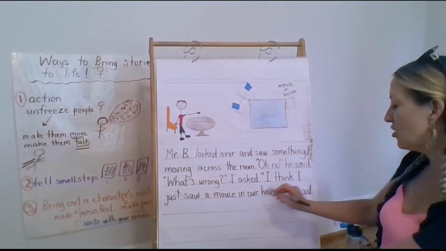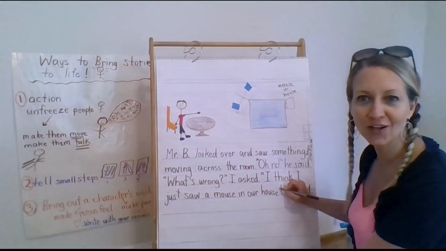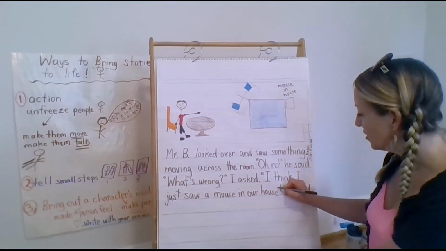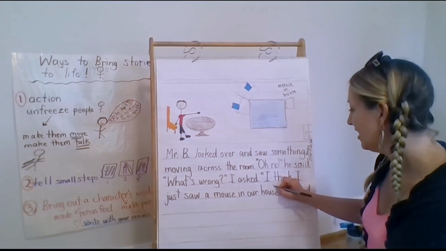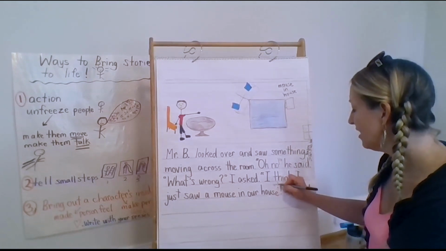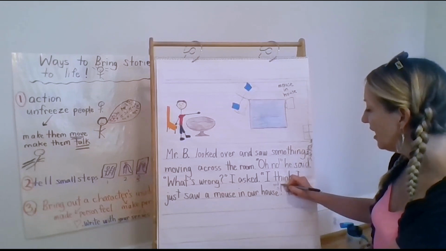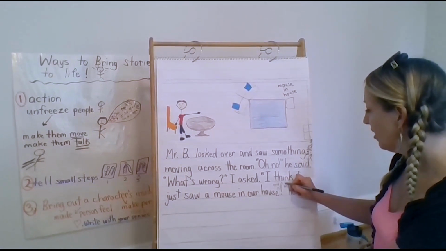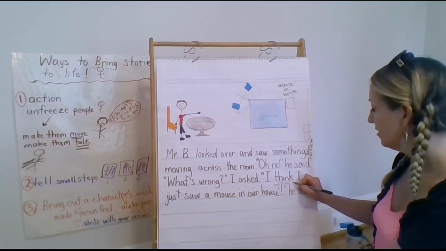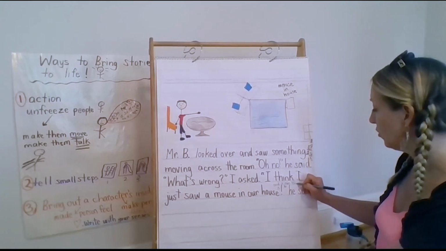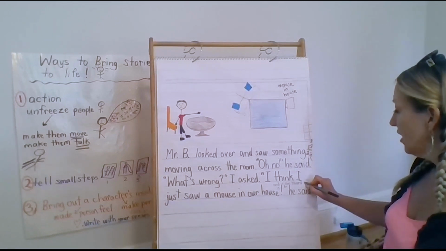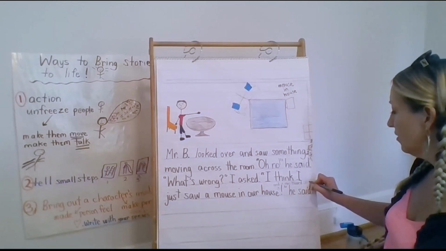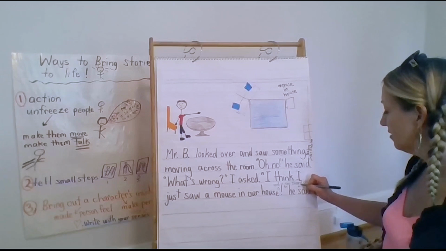Okay, I think I just saw a mouse in our house. How do we add on? We add a caret, and then we just add what we want to say. And it ran behind our television, and it ran toward, we'll say, toward, it was in the middle of the floor, I think, when he saw it, toward our television.